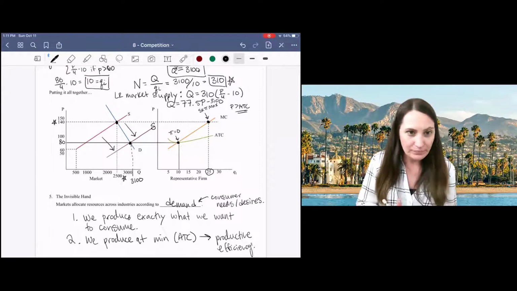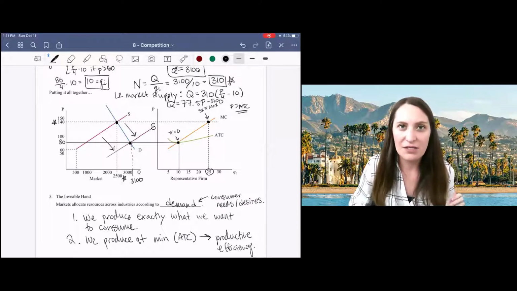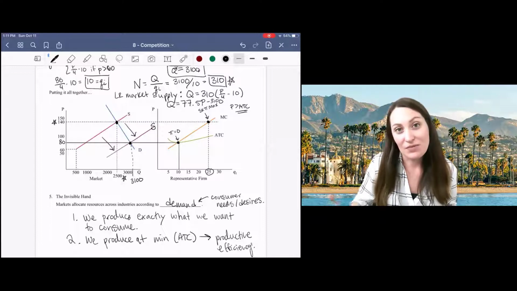But for now, hopefully we've got a foundation for how firms approach cost minimization and profit maximization, and how that combines with demand to lead to good outcomes for society in perfectly competitive markets.